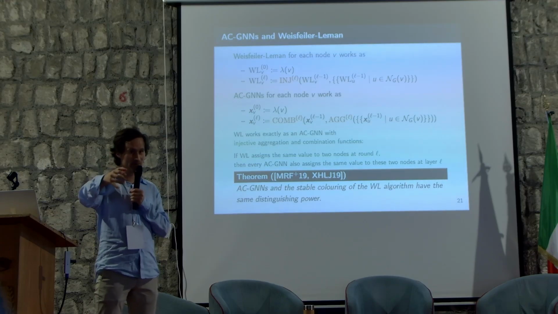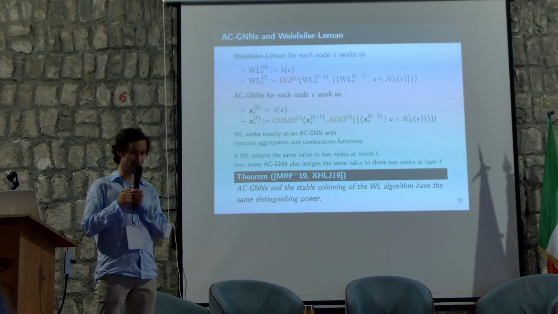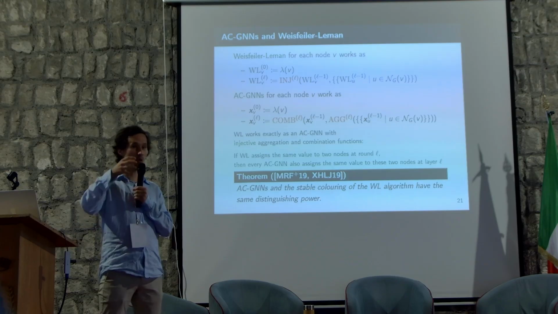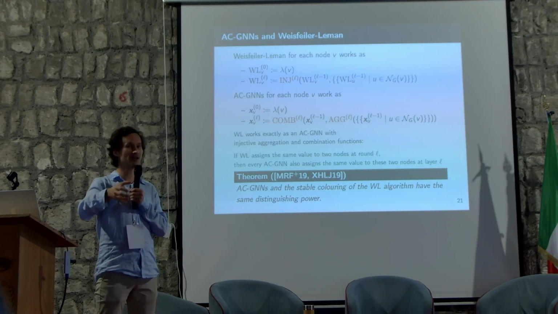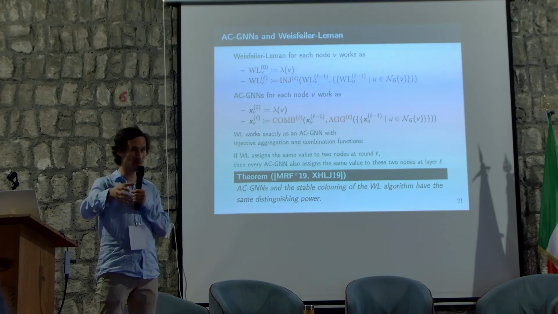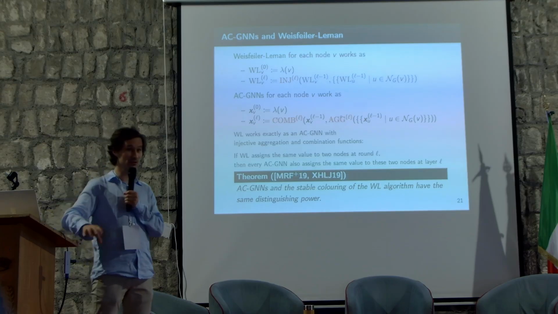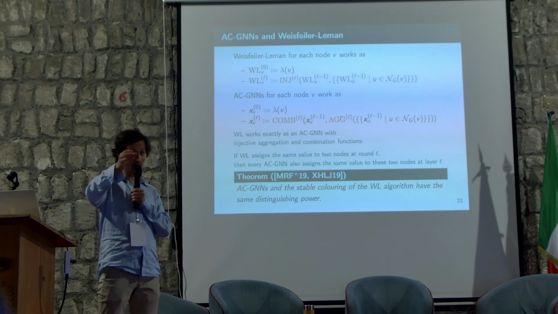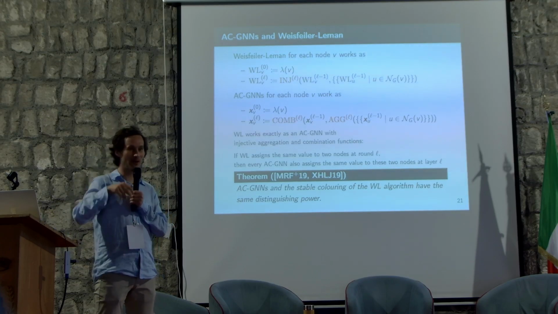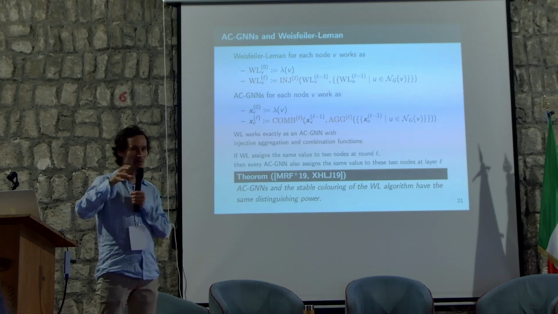But another problem is that we need an injective function which is injective all the time, and such a function doesn't exist in a reasonable way. An arbitrary aggregation function exists, but a reasonable, trainable one doesn't exist.